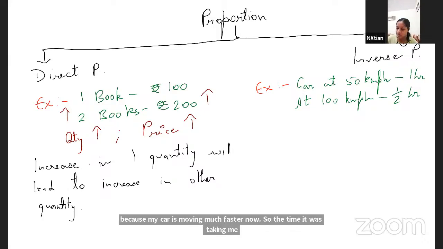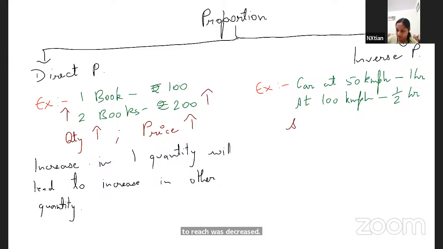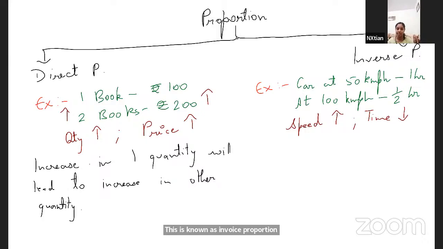So the speed was increased and the time was decreased. This is known as inverse proportion, where one quantity changes in relation to the other quantity in an opposite manner.